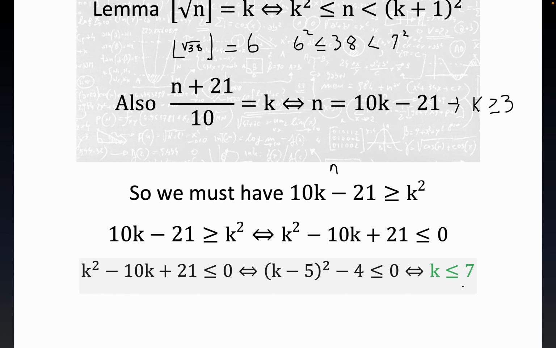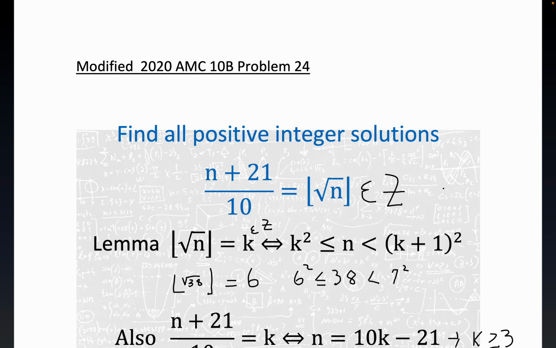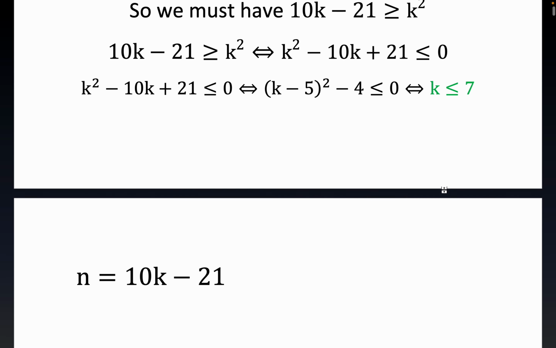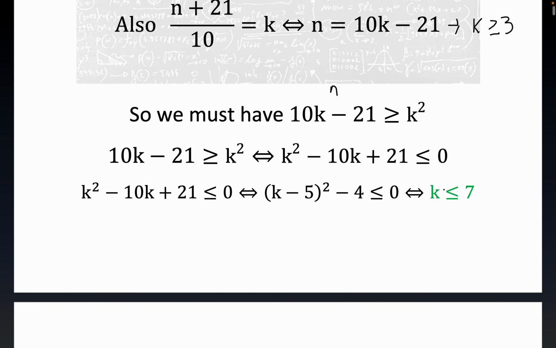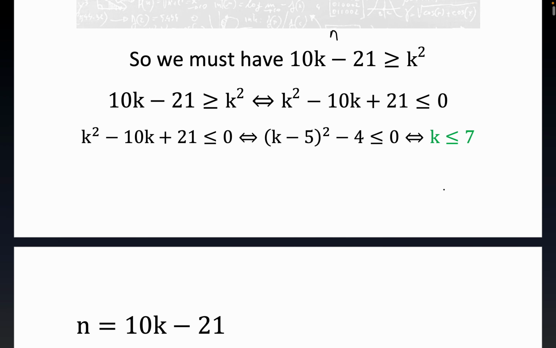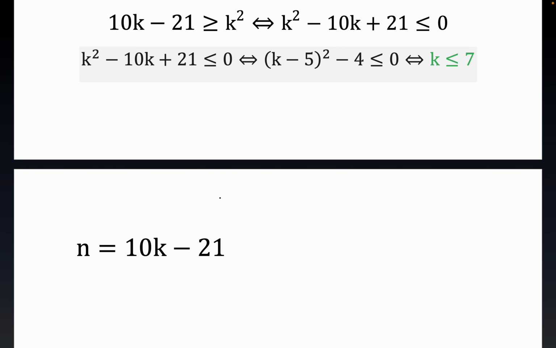If this was a how many question, we'd be done. The answer would be 5. But we're supposed to find all of them. So it's just a matter of going through this range of k's. Let me write it out a little more neatly. We know that 3 is less than or equal to k, less than or equal to 7, right?